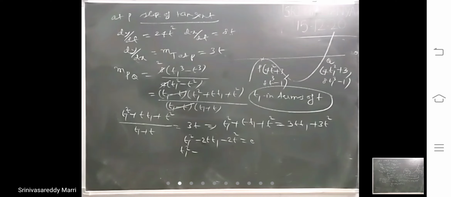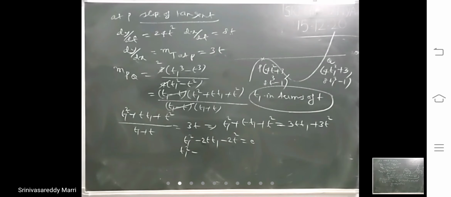Correct? What is the slope? t1 square plus t1 t plus t square divided by t1 plus t equal to 3t t1 plus 3t square. t1 square factors are not coming, right?